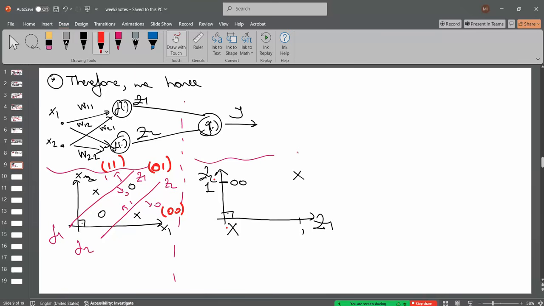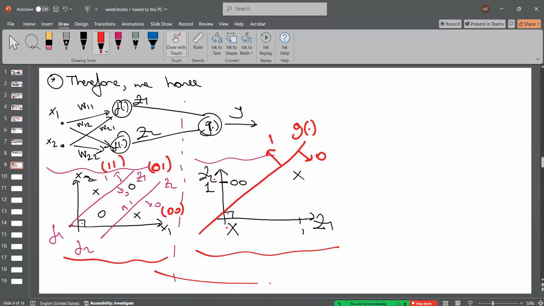But in this case, we can draw the hyperplane just like this one. And so this hyperplane generates the Y. This is equal to the 1, and this is equal to the 0, okay? And so this is the one layer. This is the another layer. If we collect the whole terms, we can say that this is called the multi-layer perceptron.